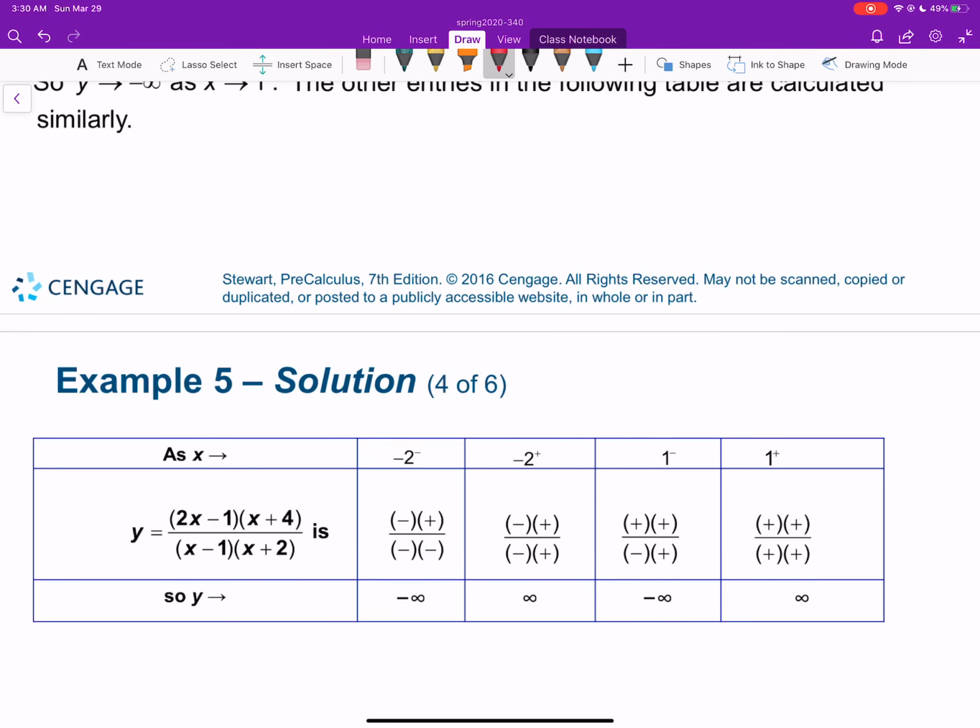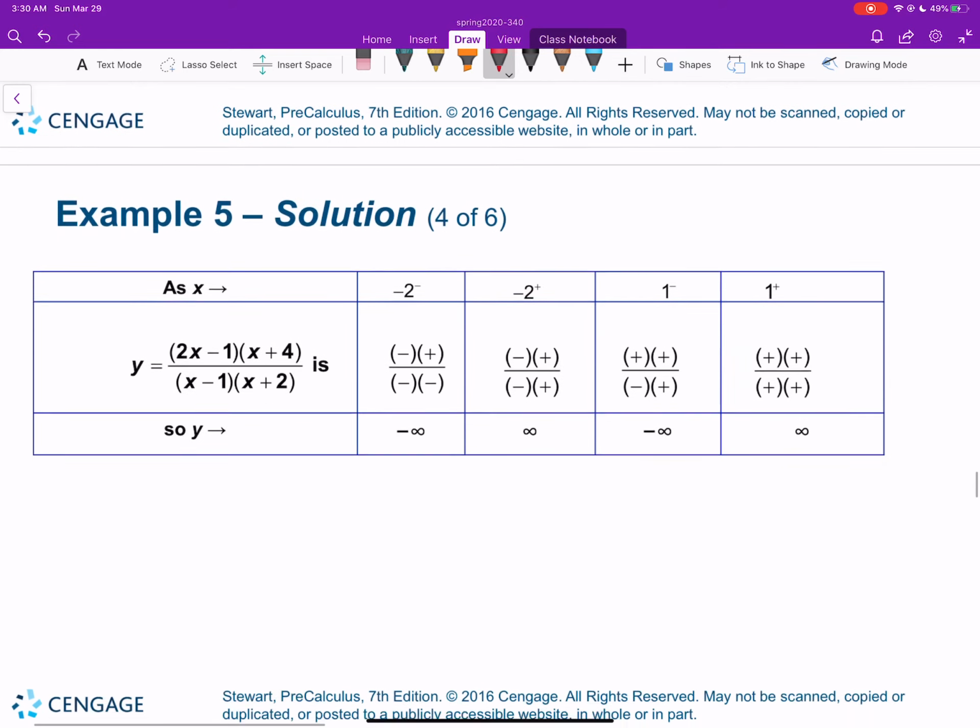If you set this up and pick some test values as you approach each of the vertical asymptotes from the left or the right, you're able to find out what y is approaching. In this case, they got negative infinity, positive infinity, negative infinity, positive infinity as you approach those vertical asymptotes.